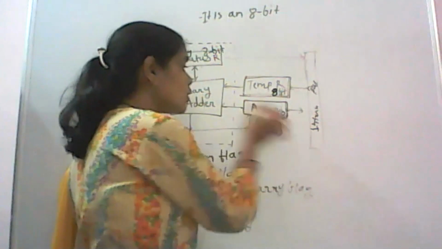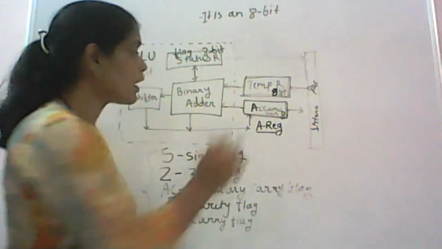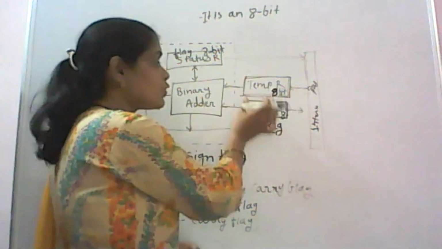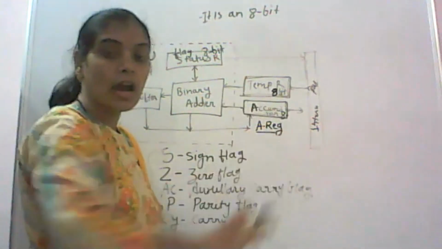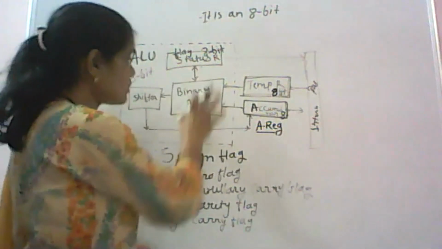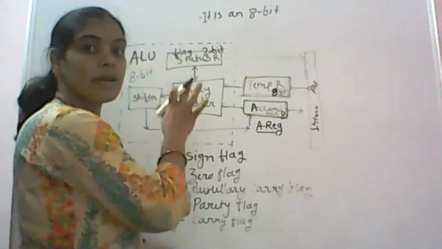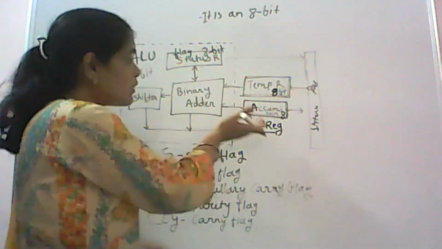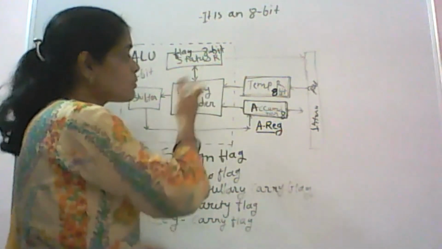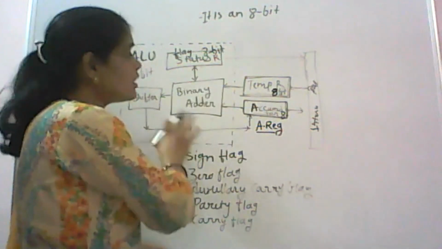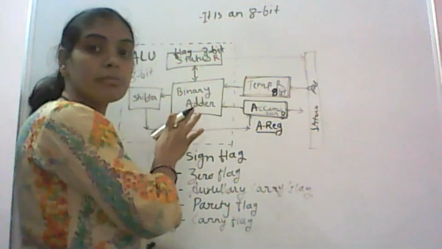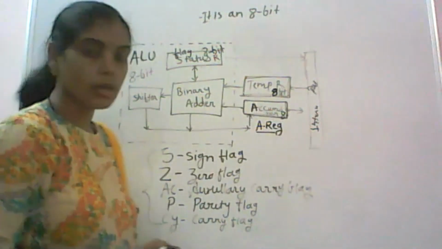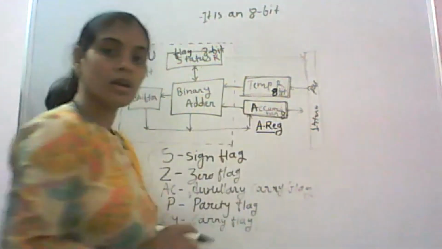The accumulator is also an 8-bit register, and it stores the result after processing in the arithmetic and logic unit. Whenever addition or subtraction is performed, the result will be stored in the accumulator. So processed data is stored in the accumulator.